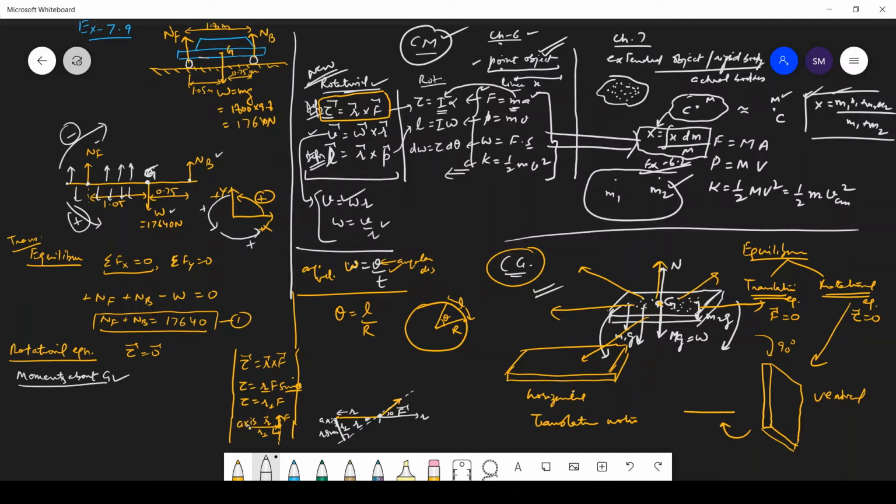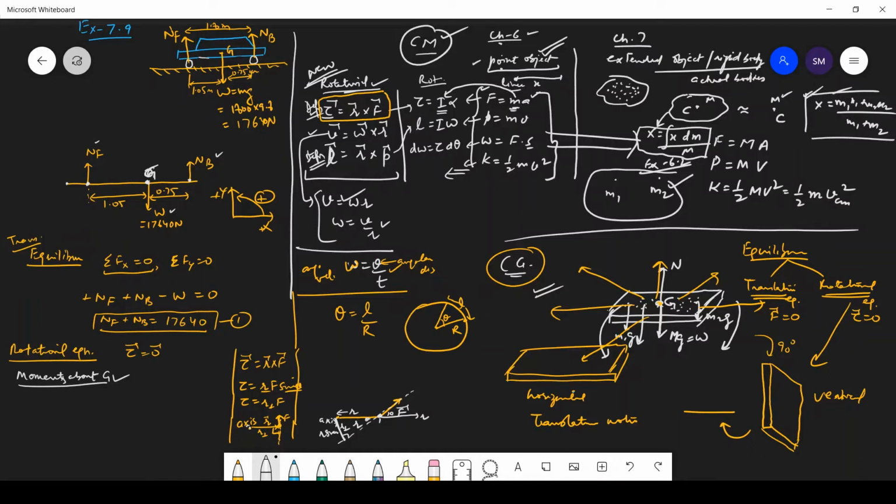This is your axis of rotation. Any force between G and this point will rotate it in this direction, and any force between G and NB will bring it down, in this direction. So this direction is positive and this direction is negative. Students, these are all the possible moments for all the possible forces. Now we have only 3 forces.